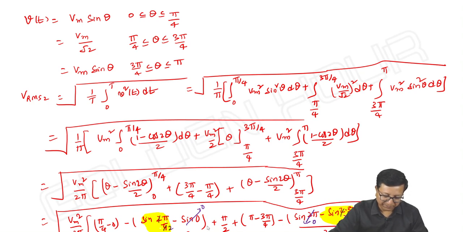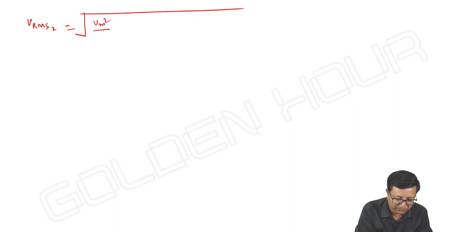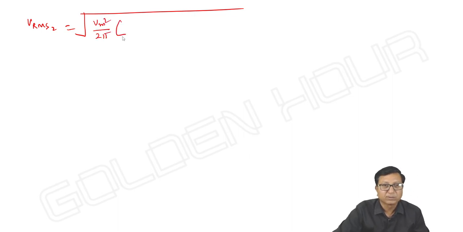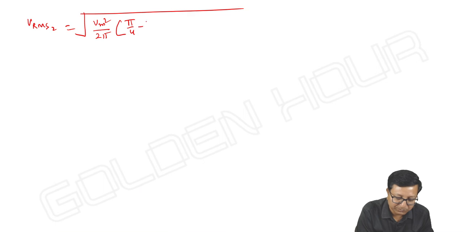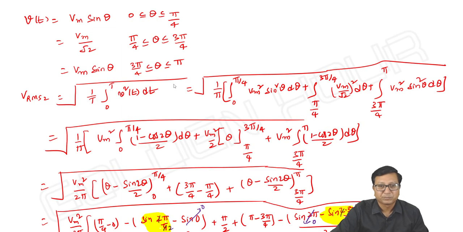So Vm square by 2 pi, first one you get pi by 4 minus 1 by 2, plus pi by 2, plus again pi minus 3 pi by 4, it is pi by 4, the last one minus 1 by 2.